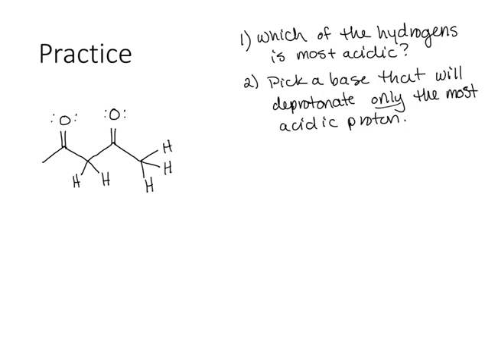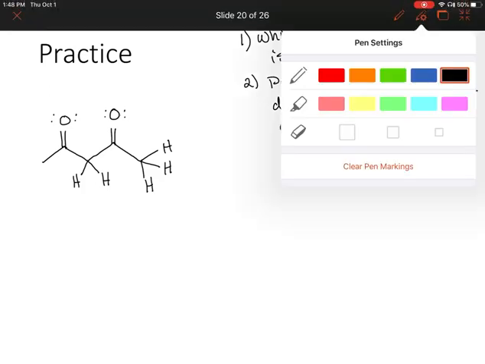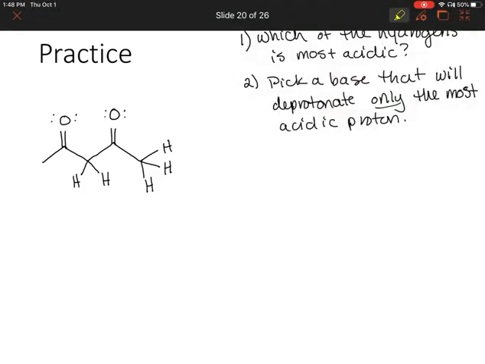Now, the hydrogens on the far right of the molecule are the same as the hydrogens on the far left, but we're just going to show the ones on the right for now. All right, so these hydrogens are different because they're in different places, so I'm going to highlight one set as yellow, and I'll highlight the other one, let's do purple.